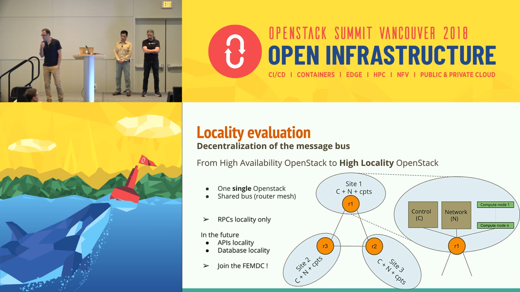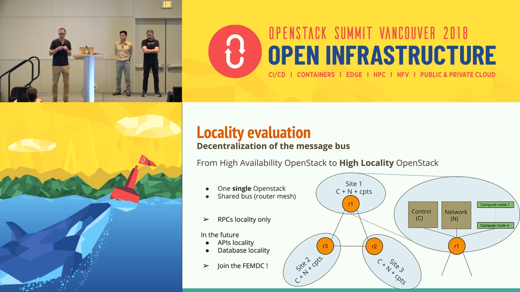The idea that came out is to start with a high availability OpenStack, meaning an OpenStack where services can be replicated, and there are some mechanisms to share the load between them. Let's start with that and place the replicas of the services on each site.